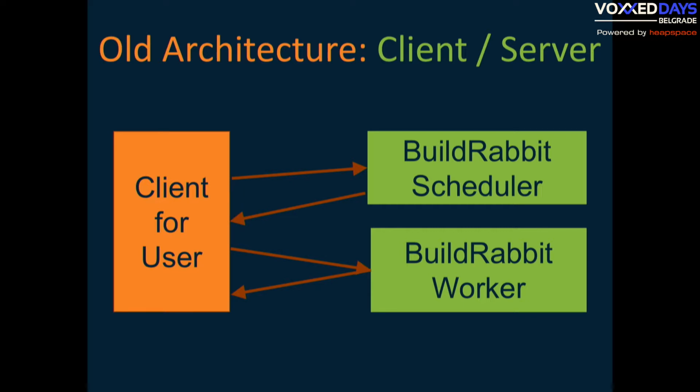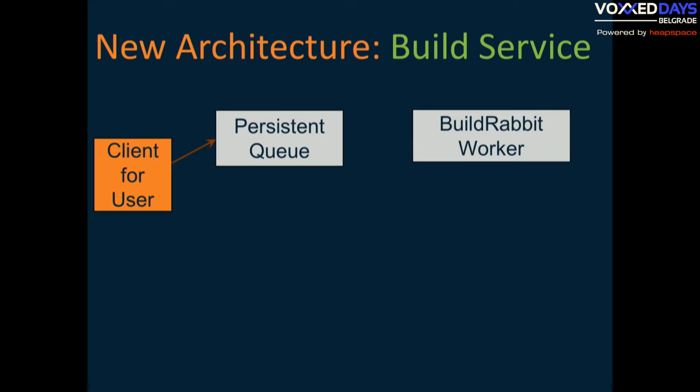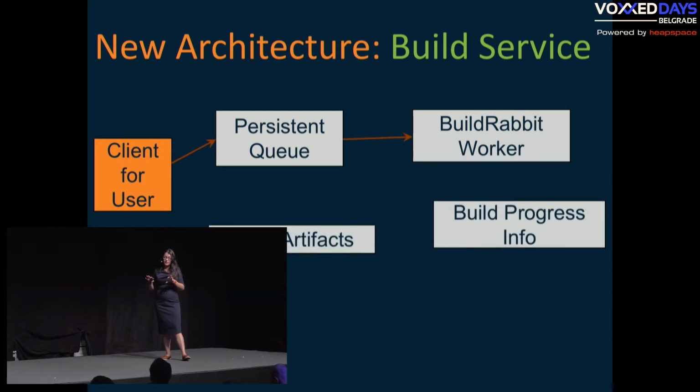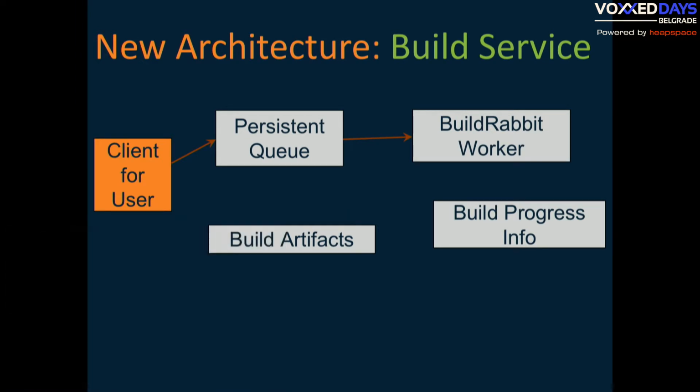And so we needed to figure out a better architecture to do this. And so we ended up coming up with a build service system, where now the client sent the build request to the persistent queue, which saved that. And then from then on, when a worker had some capacity available to it, it would dequeue it from the queue. And then it created two types of outputs. It created build progress information, for instance, which tests have passed and how far you are, how many source files have you already built and linked, and so on.